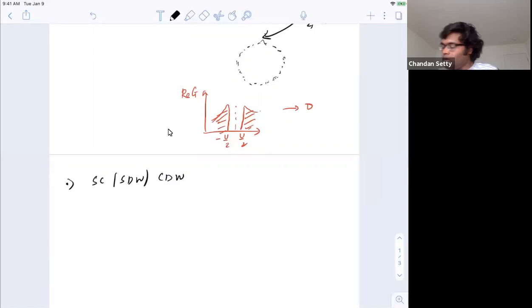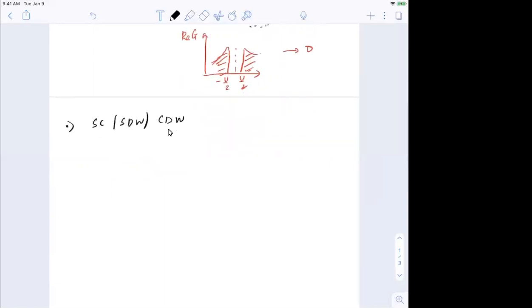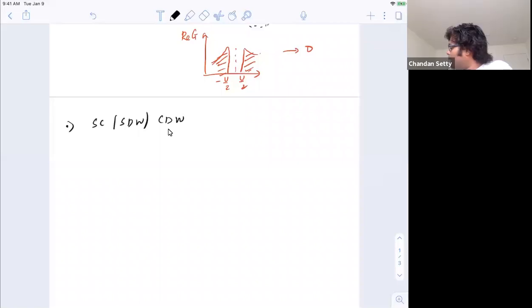I have one question. Yes. Could you also consider Pomeranchuk type instabilities of Luttinger surfaces? Yes, in principle you can. In this particular model, I will not be considering any non-local form factors.